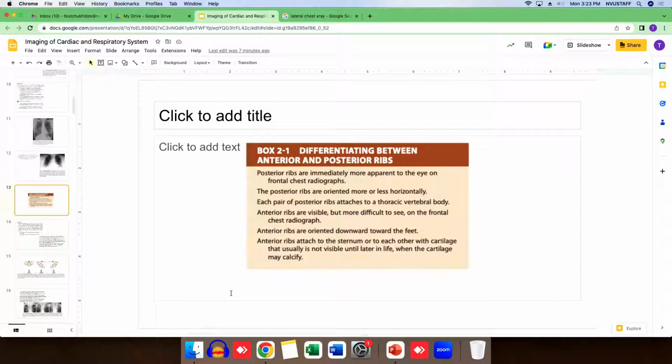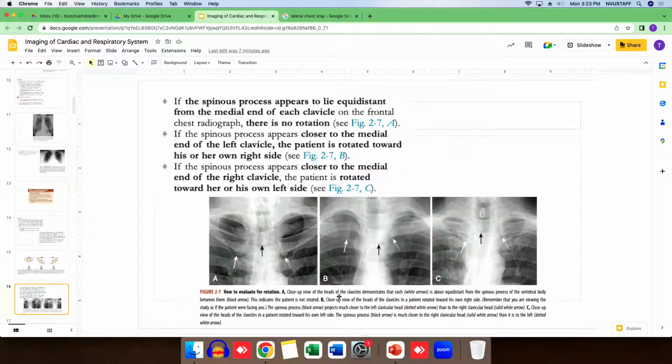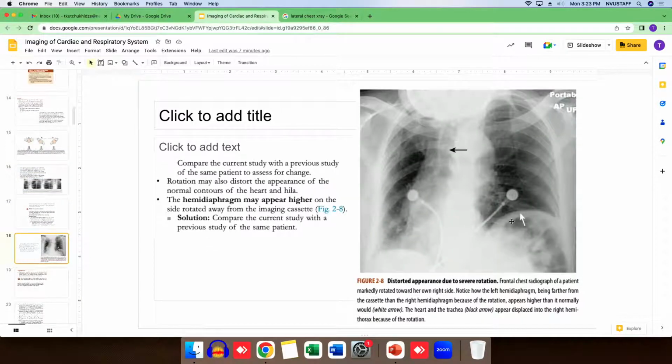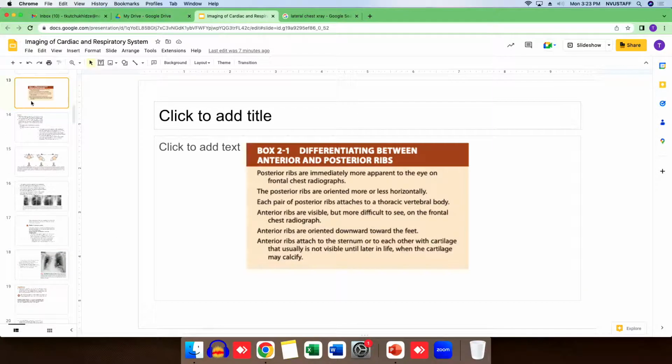Anterior ribs are also visible, but if there is some kind of pathology, for example heart disease like this, it would be a bit harder for us to count the anterior ribs, and that's why we mostly don't count them.